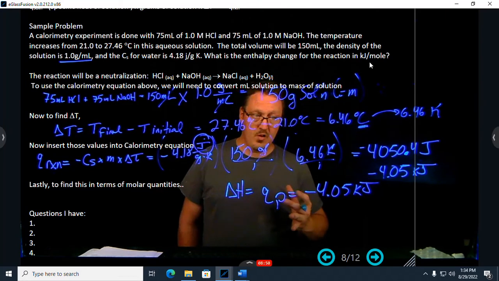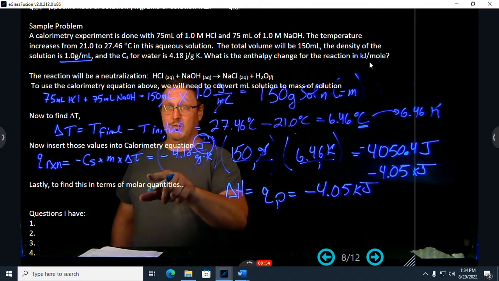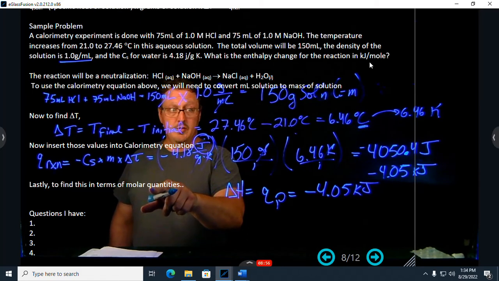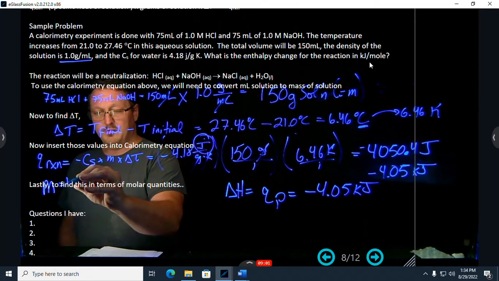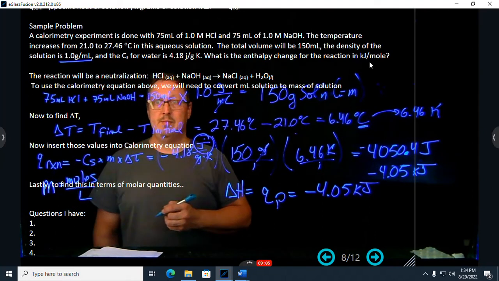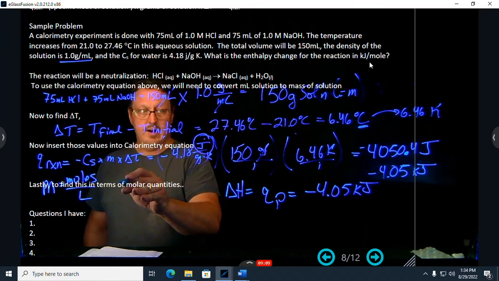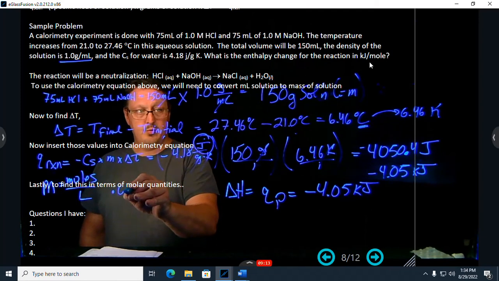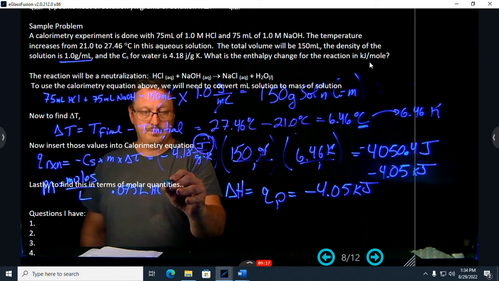So, all right, last thing we want to do is put this in terms of moles or molar quantities. So we're going to do this by saying, okay, well, molarity is moles per liter. Hopefully we remember that. And then we know that we have 0.075 liters of HCl.